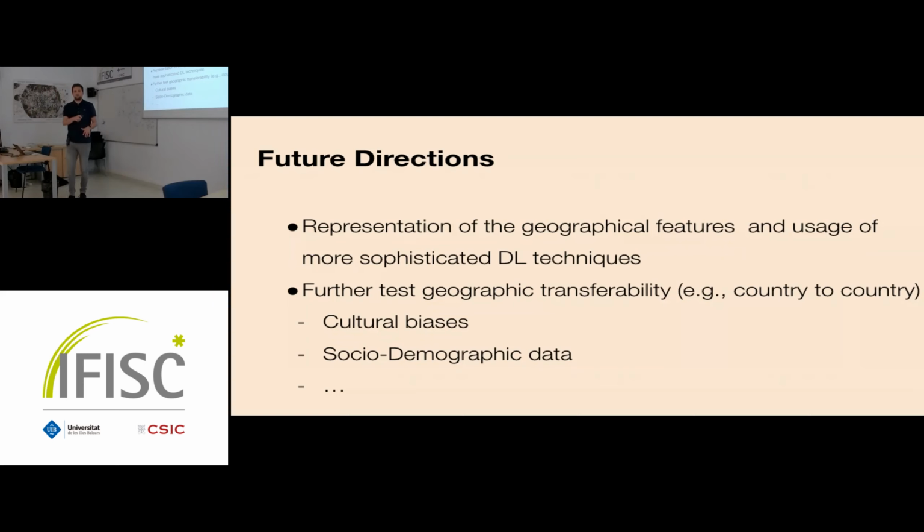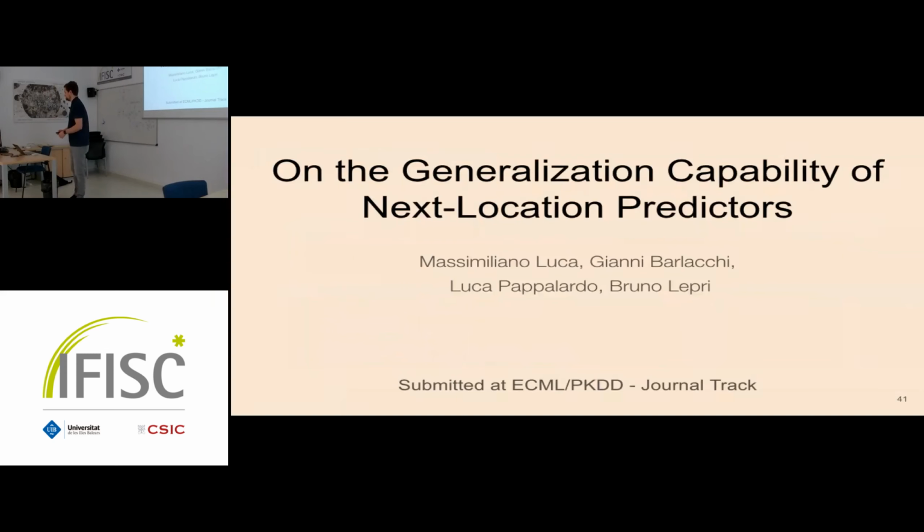And so what I'm going to present now are some preliminary results. There is a paper out on arXiv, but still, it's some kind of a guide, again, of what we should do to investigate a geographically transferable model.